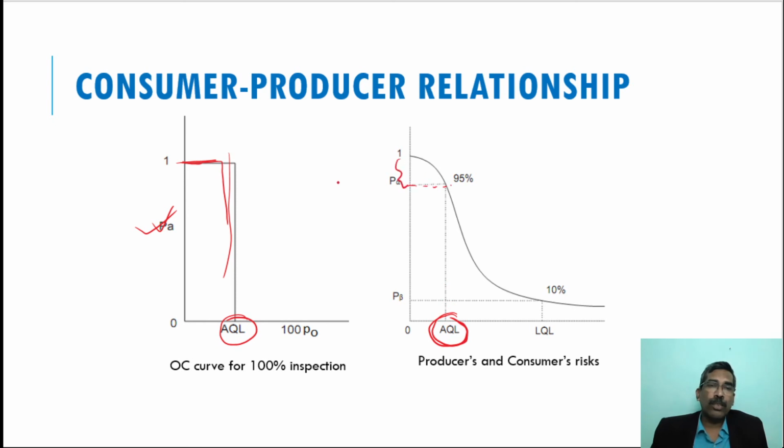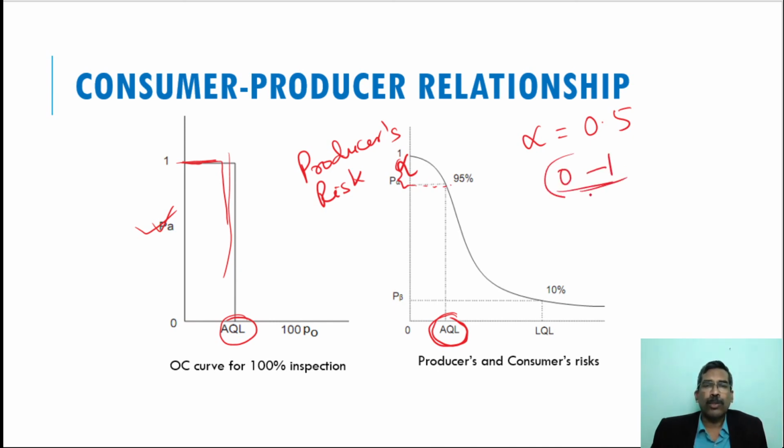This is known as the producer's risk, and this is indicated by alpha. The standard value of alpha is 0.05, but it may vary from 0 to 1.